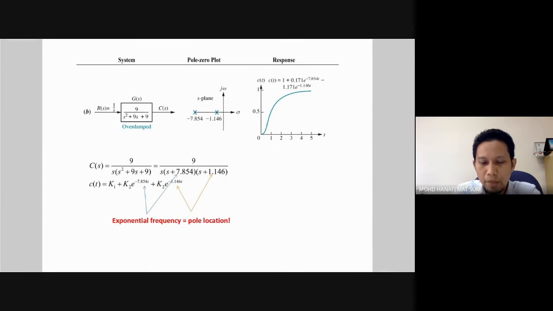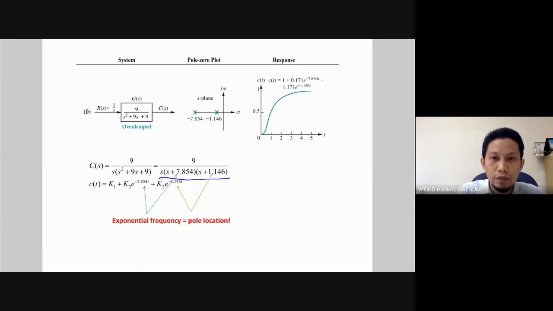Okay, and then finally, we have the overdamped. For the overdamped, for example, we have the system s squared plus 9s plus 9 over here. When we put it in another way, we have (s plus 7.8)(s plus 1.14).